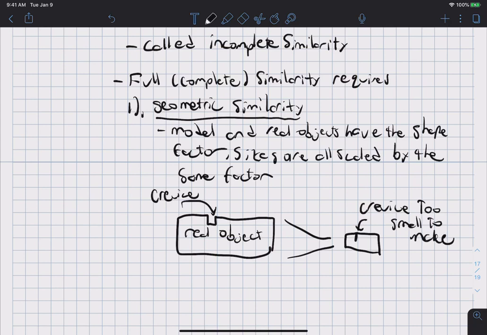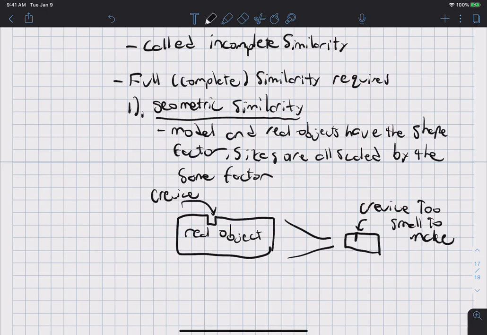Okay, so in that case, you're probably not going to be able to achieve full geometric similarity. And so in those cases, you essentially just have to accept that there's going to be some error or uncertainty between the experiment and the real object due to that.